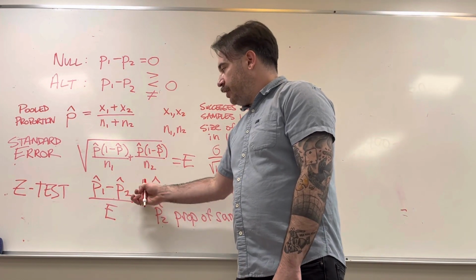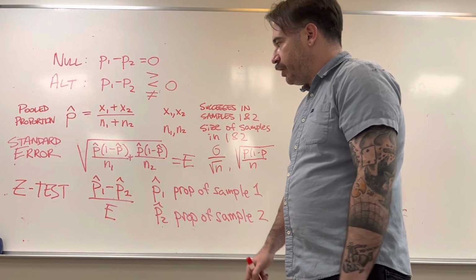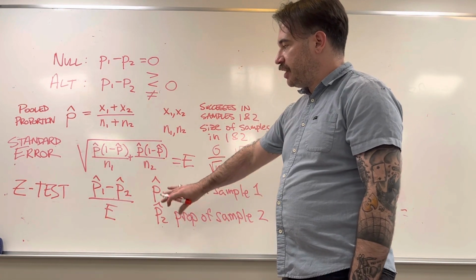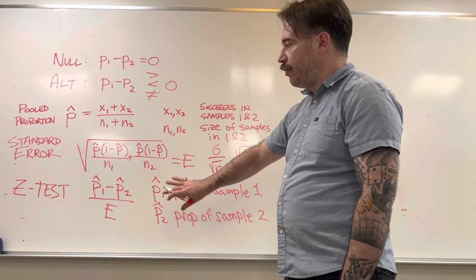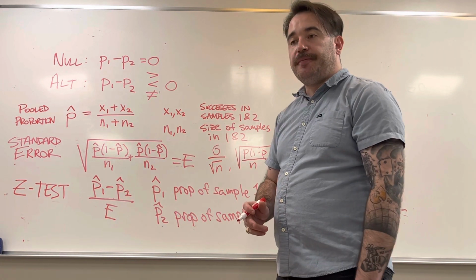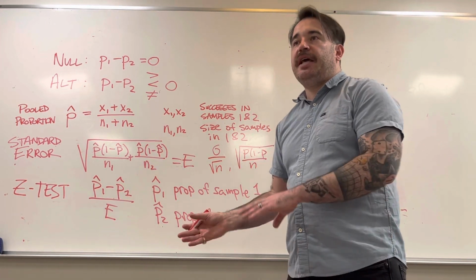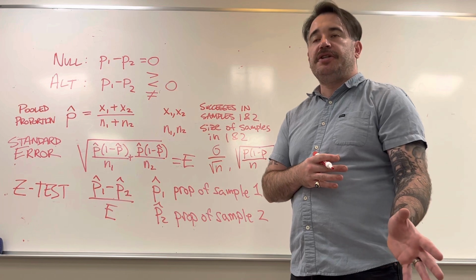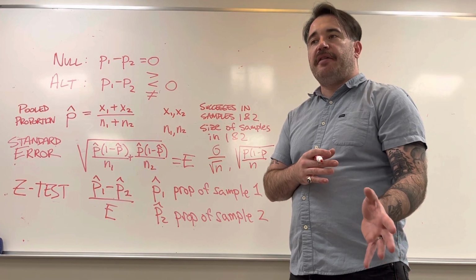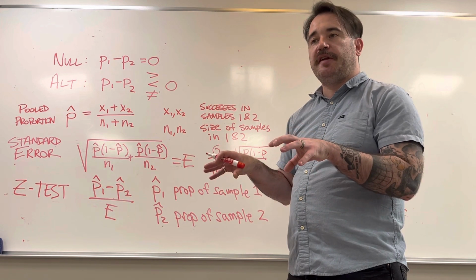So we take the difference of our two proportions and then divide it by our error. And what that gives us is how many standard deviations above or below the mean these two proportions are. So if the two proportions are like -5 standard deviations from the mean, that means that yes, something is going on between the two samples.